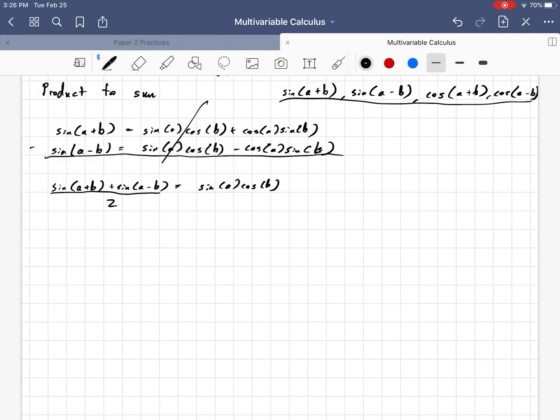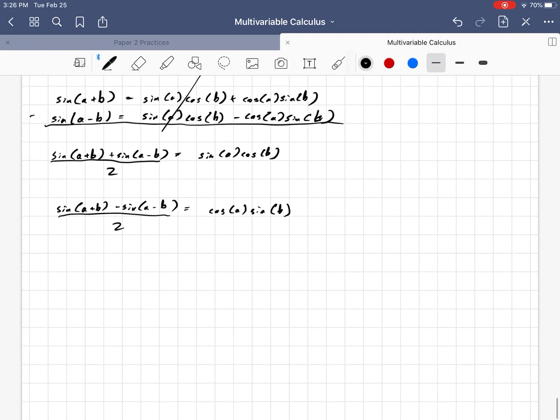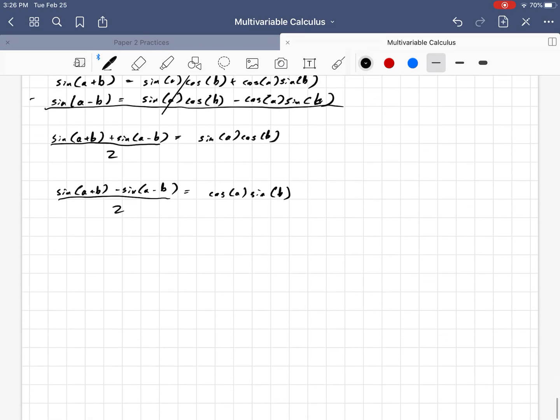So if I were to subtract those two, I get that sine of a plus b minus sine of a minus b is 2 cosine a sine b, because I had minus a negative, and just like that we can divide by a 2 here, and we get the next product to sum identity for cosine a sine b.